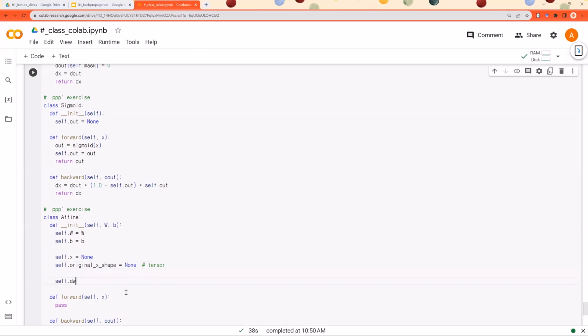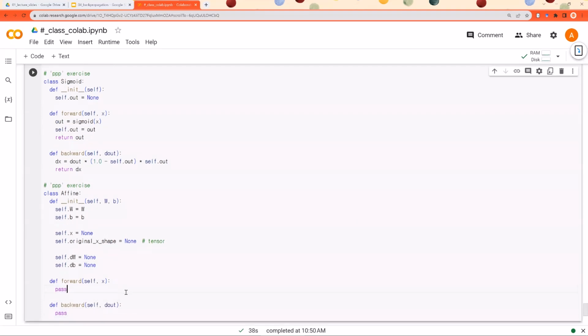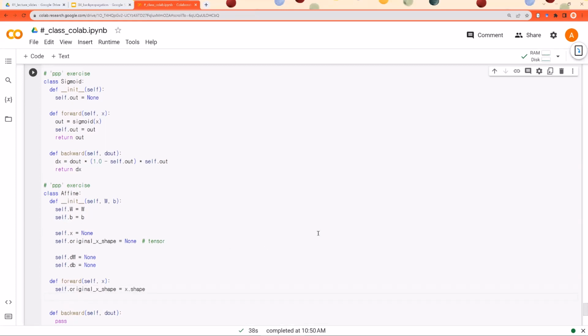And we are going to store dw and db as well. In this forward method, we first need to store the original shape of x like this. And then we'll reshape x like this.